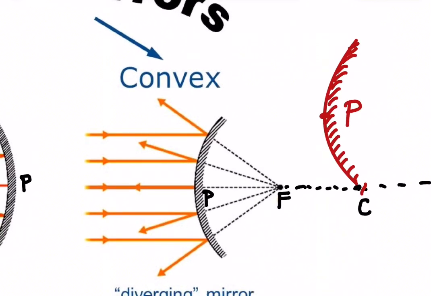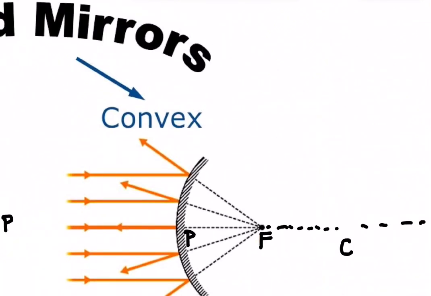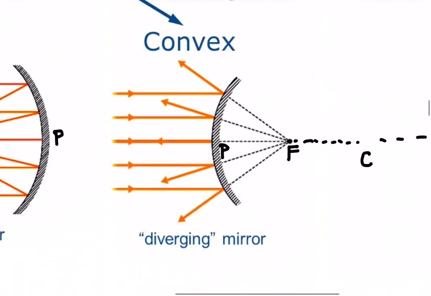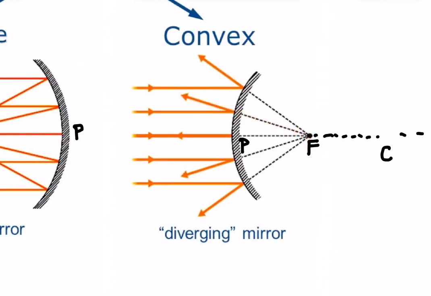Any ray of light that moves parallel to the principal axis is found, after reflection, to come out from a point on the principal axis. This point is called the principal focus.